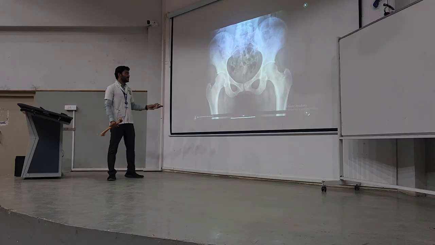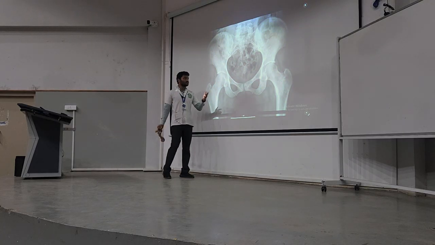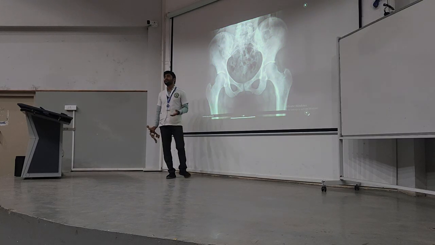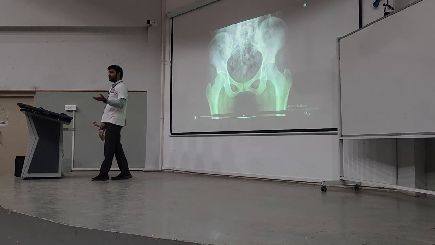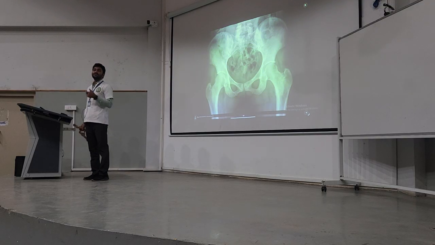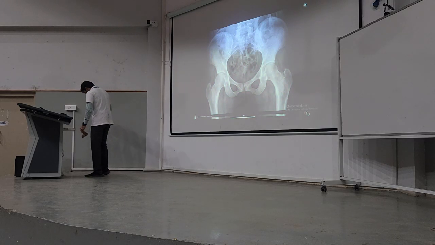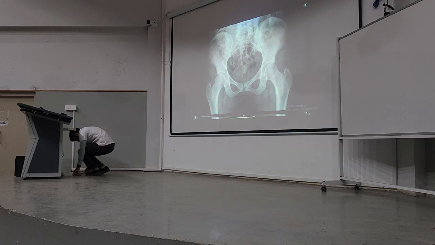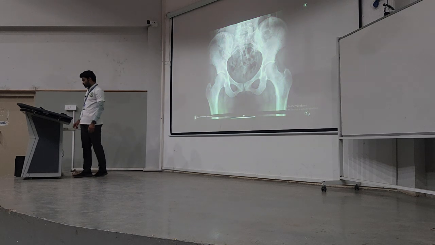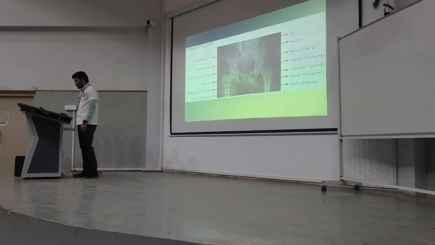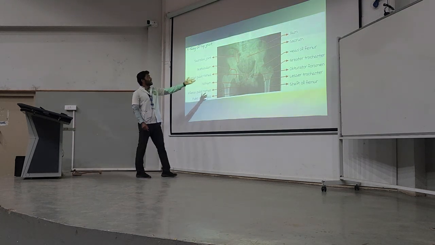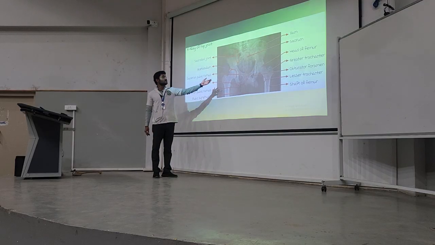Also, we will be talking about Shenton's line, which will help us to identify any abnormality. Shenton's line will get disrupted if there is any arthritis, avascular necrosis, dislocation or fracture. As I was saying earlier, we can identify these structures now easily in the X-ray.